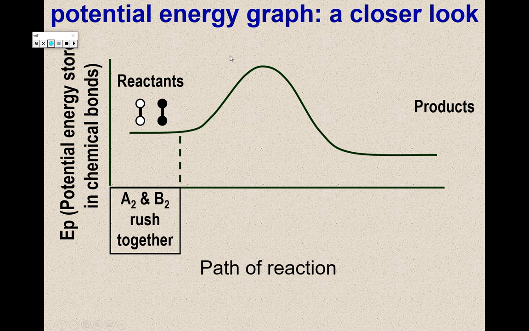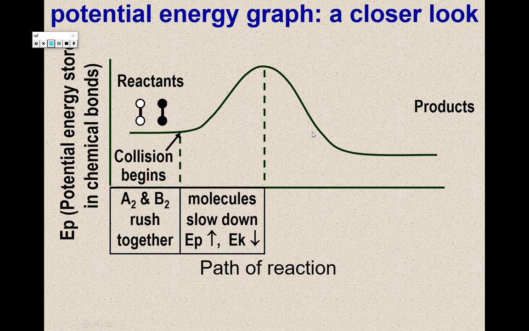So let's pretend our reactants are white and black circles. They have to come together and hit each other, and that makes a reaction occur. So if the collision is effective, does it have enough force? Are they in the correct 3D orientation? That is a part of the activation energy. How much energy is required for that reaction to go?